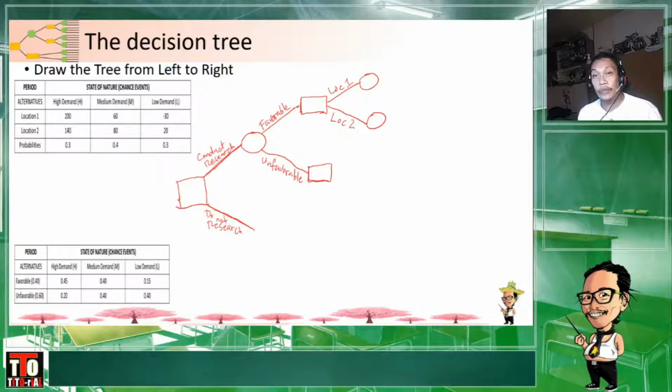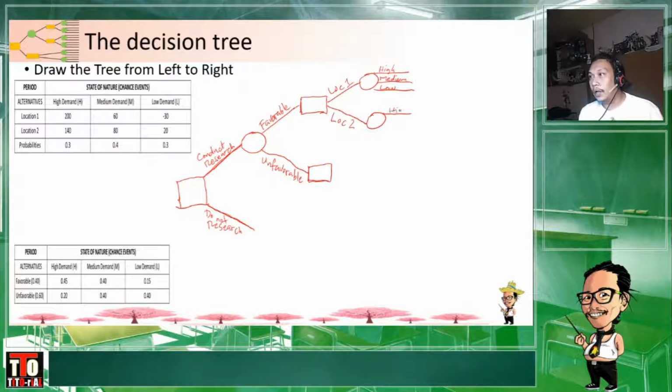Malalaman natin whether favorable ba si market or unfavorable. So dito naman sa location 1, malalaman natin whether meron tayong high demand, medium demand, or low demand.